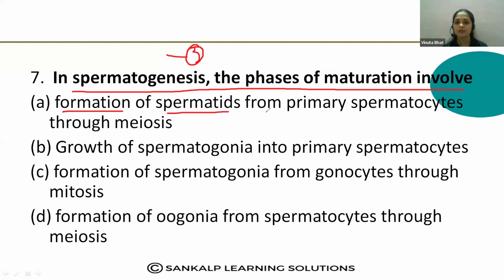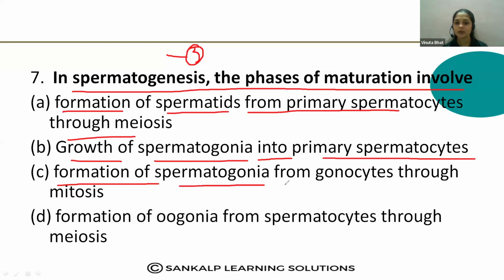Formation of spermatids from the primary spermatocytes through meiosis, growth of spermatogonia into primary spermatocyte, formation of spermatogonia from gonocytes through mitosis, formation of oogonia from the spermatocytes through meiosis. So here, first we have to eliminate the wrong one.